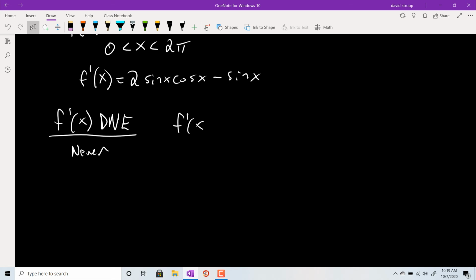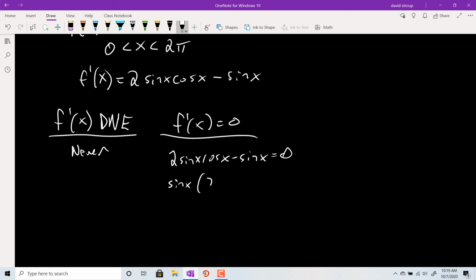Where does f prime of x equal 0? So that will just be 2 sine x cosine x minus sine x equals 0, and then solve this trigonometric equation. So factor out the sine x. I get sine x times 2 cosine x minus 1. So where does sine x equal 0, and where does 2 cosine x minus 1 equal 0?